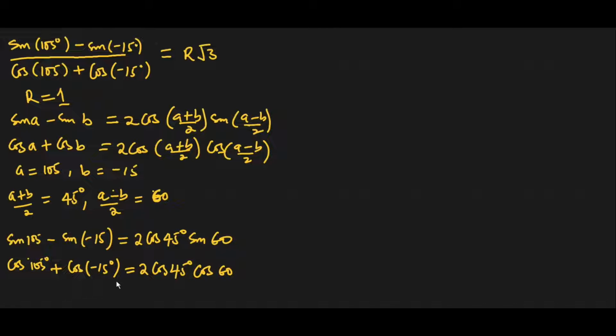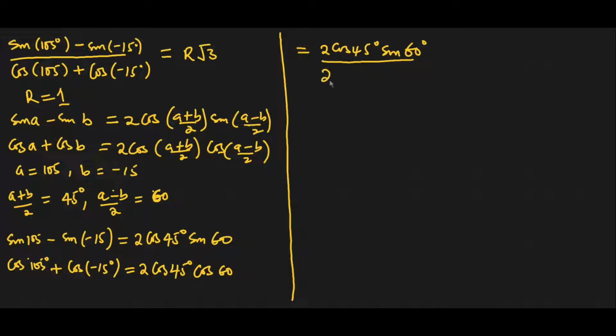So now when we have this, this means that we are now able to go up here and substitute in. So this now becomes 2 cosine of 45 degrees, sine of 60 degrees, everything over 2 cosine of 45 degrees and cosine of 60 degrees.